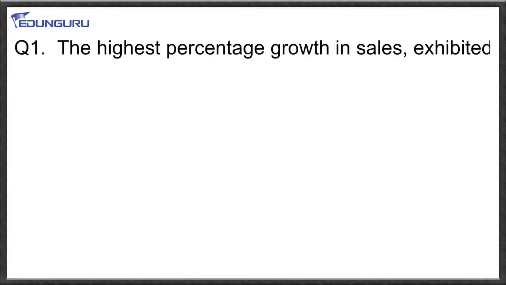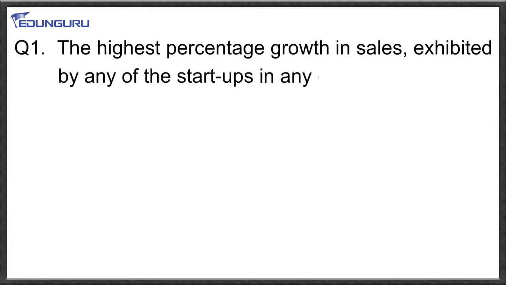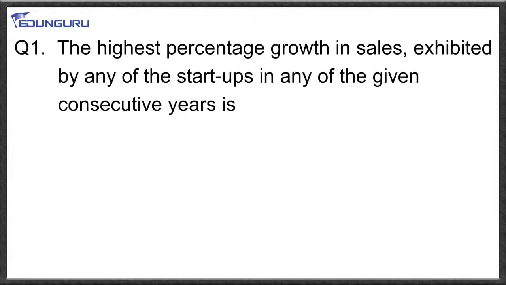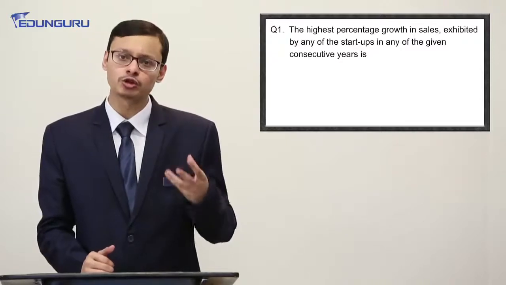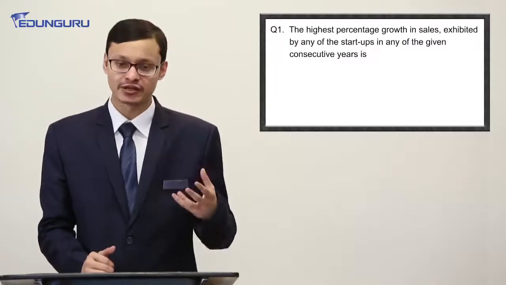To illustrate how to minimize the number of calculations required, let us look at question 1. Here it says highest percentage growth in sales exhibited by any of the startups in any of the given consecutive years. So here we have 6 years, so there are 5 consecutive year periods that we can consider, and there are 6 startups. So instead of doing 30 calculations, let us only focus on those which might be relevant.